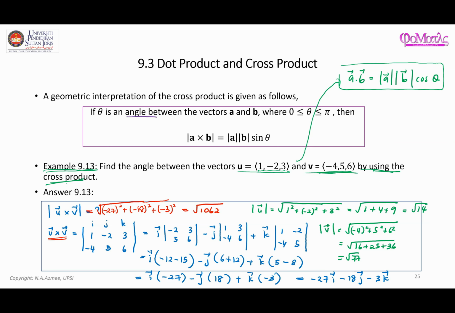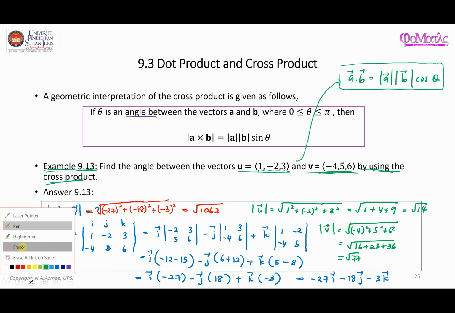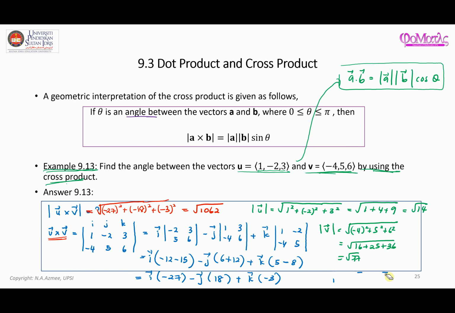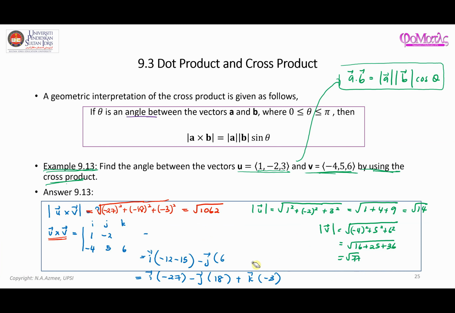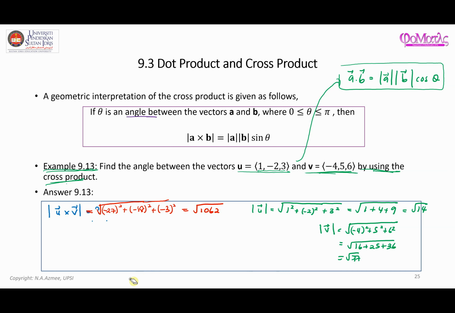So once you have obtained those answers, okay, I'm just going to erase some part of the slide here. So now you have managed to obtain all the magnitudes required. So we are just going to apply the formula given in the purple box above.